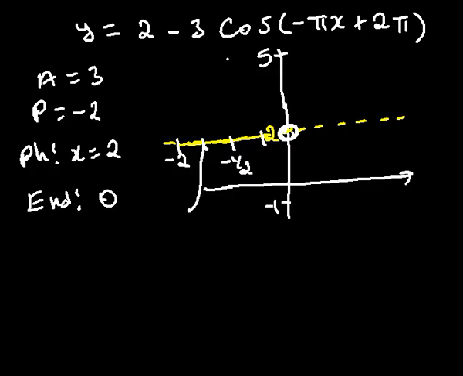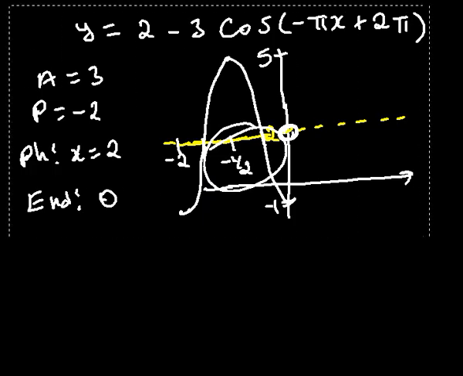Then the graph will be there. And the graph will go like this. And from there the graph can go like that. So that is the graph of that case. So that's how you start to understand such a kind of graph.